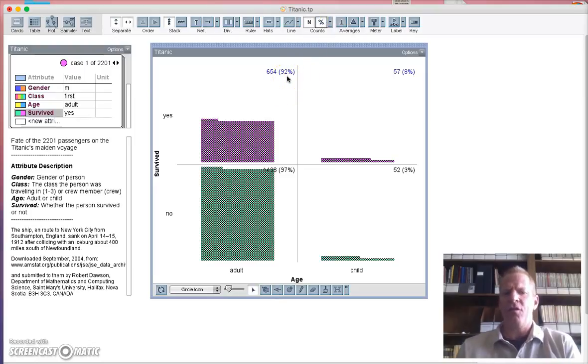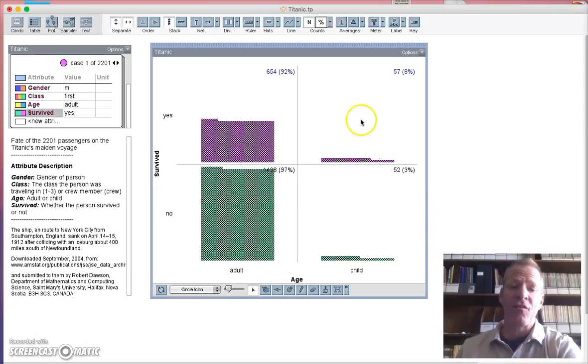So what is this 92%? It turns out that 92% is 654 out of this total right here. And that makes sense. You can see way more dots here than here. So this is 92% of the top row. This is 97% of the bottom row.